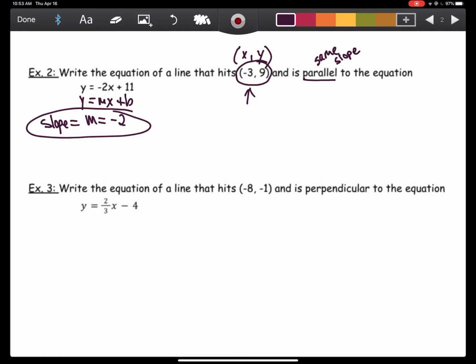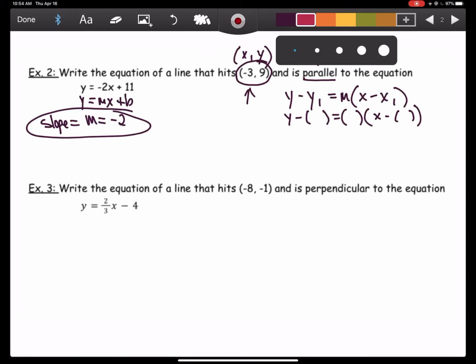So now I'm ready to substitute. Y minus y sub 1 equals m times x minus x sub 1. And again, I'm going to set up my parentheses. And I'm going to substitute.